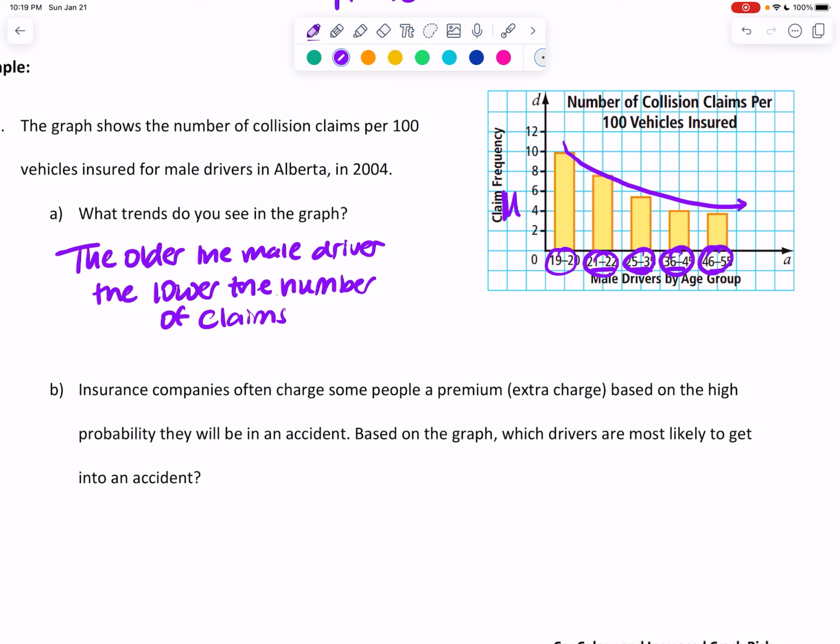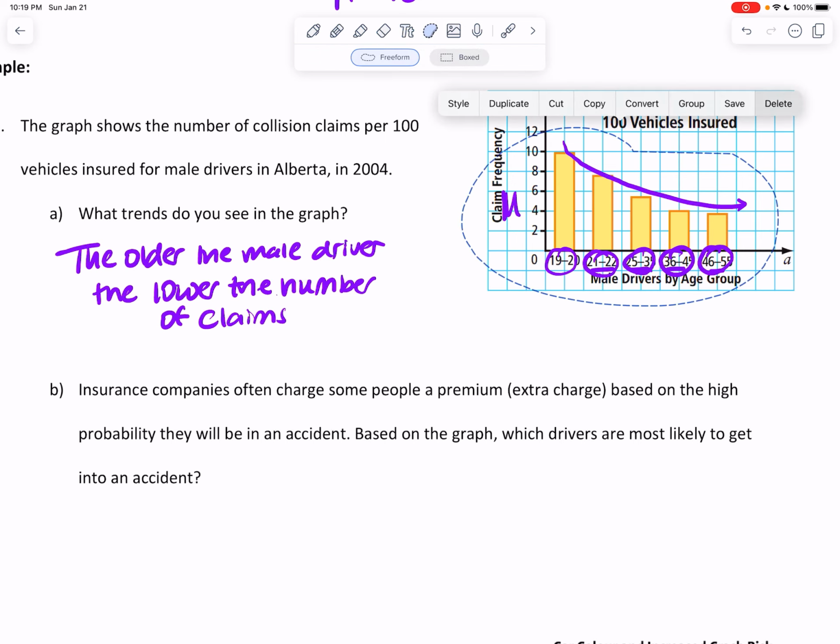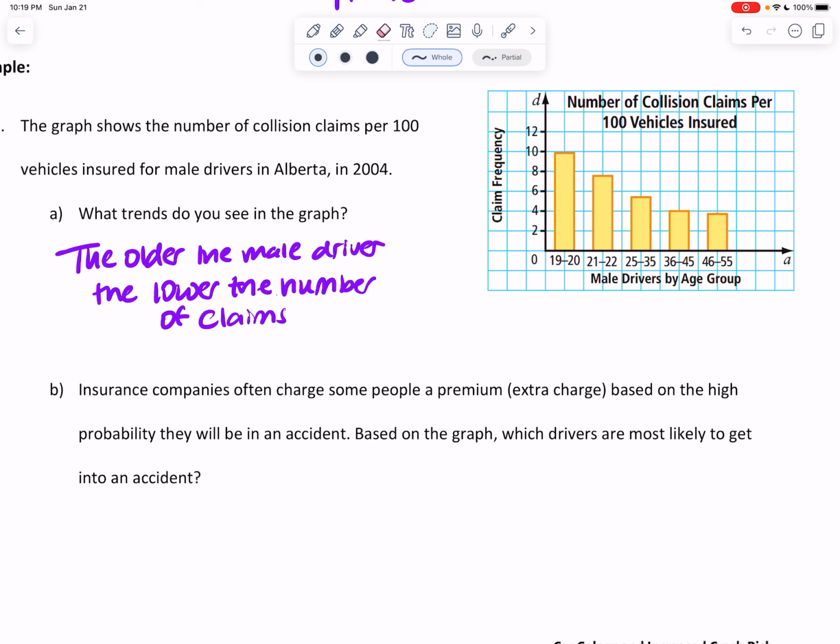Well, taking a look at this data, the number of claims for the data they've collected was the most for 19 to 20-year-old male drivers. So if I wanted to make a prediction, I would predict that that's true for more than just 100 vehicles, but for all of the vehicles. I would say that 19 to 20-year-old male drivers would be most likely to get into an accident from that particular population. So males or male drivers aged 19 to 20.